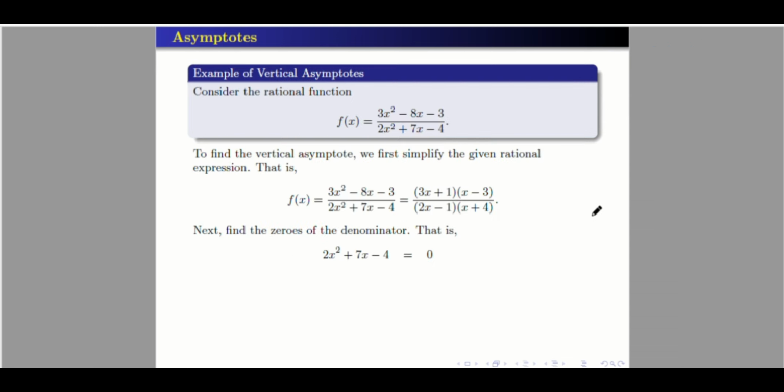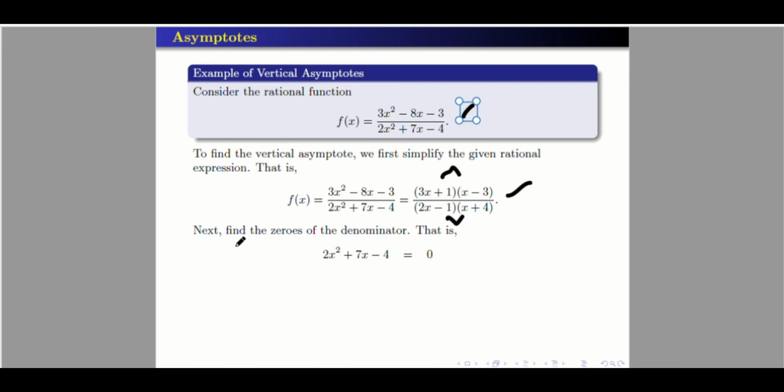So for example, we're given this expression. First, we need to simplify this expression to know if we can cancel something. After factoring, these are the factors for the numerator and these are the factors for the denominator. We can see that we cannot cancel anything.